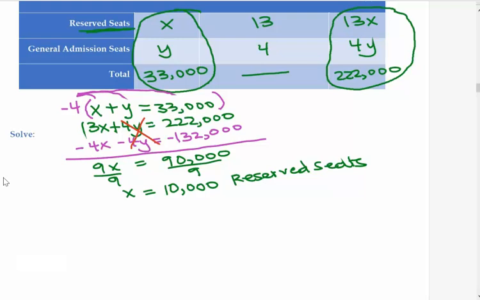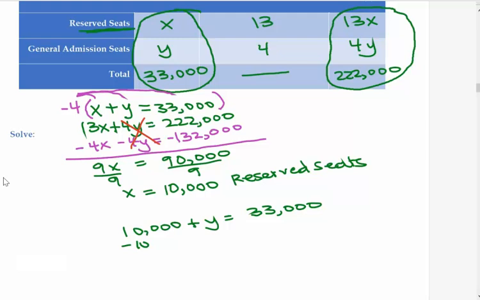All right, now I need to find the general admission. So again, you can just use whichever one you want. I'm going to use the top one because that looks a lot easier to solve for y in. So let's put 10,000 in place of our x plus y equals 33,000.